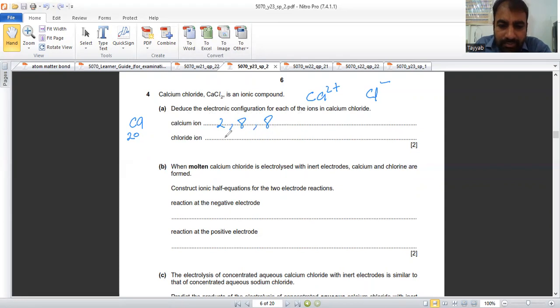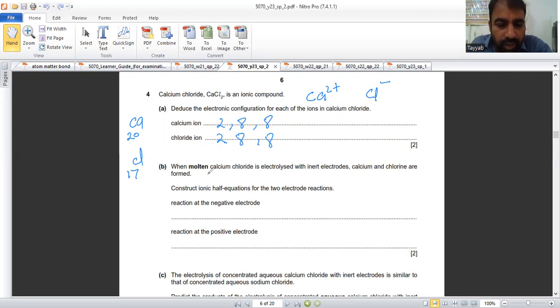And the chloride ion again has proton number 17. Chlorine has 2, 8, 7 in its shells.